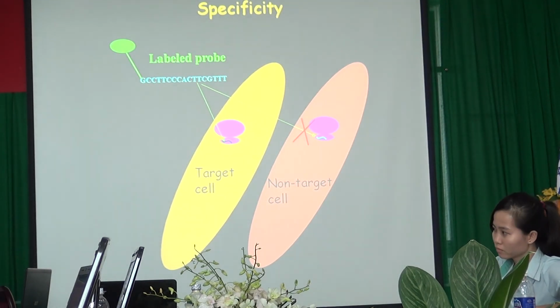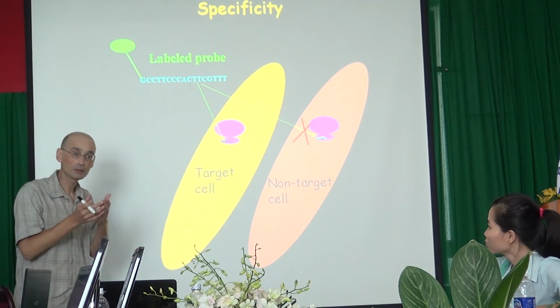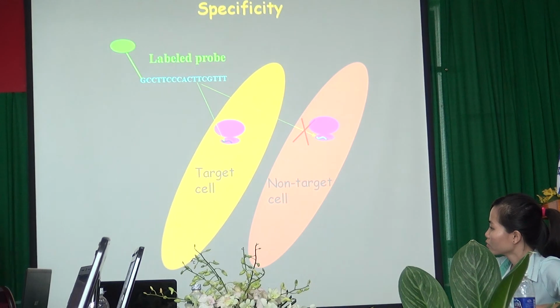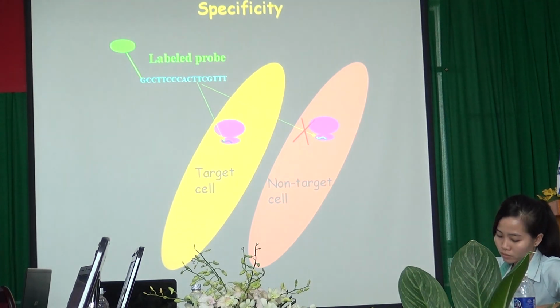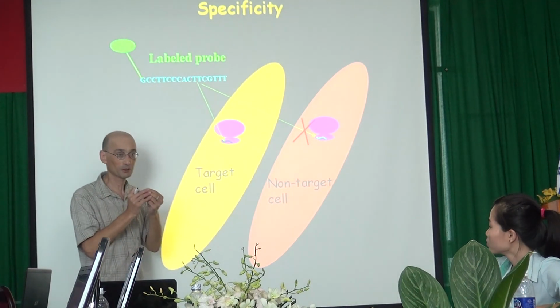So you will have one probe, let's say, coming here and attaching to the ribosome, right? But you may want, in addition to all the bacteria in the sample, not only to see all the populations, but let's say only the bacillus as well. So you will design a probe which is specific for bacillus.